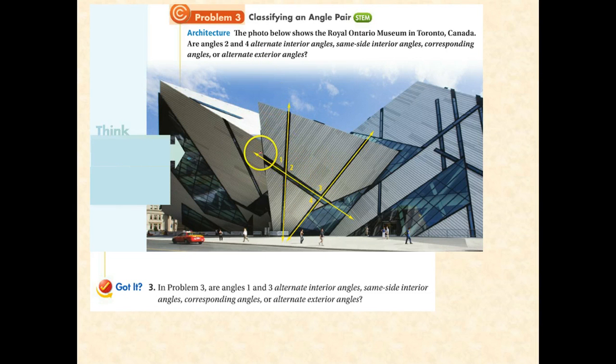Are angles 2 and 4 alternate interior angles, same side interior angles, corresponding angles, or alternate exterior angles? Alright, so this line here is going to be your transversal because it's the one intersecting two different lines. So that means that these are the two lines that determine the interior and the exterior. This would be the interior, and outside would be the exterior.